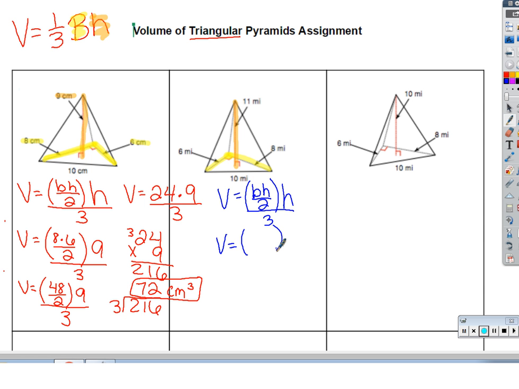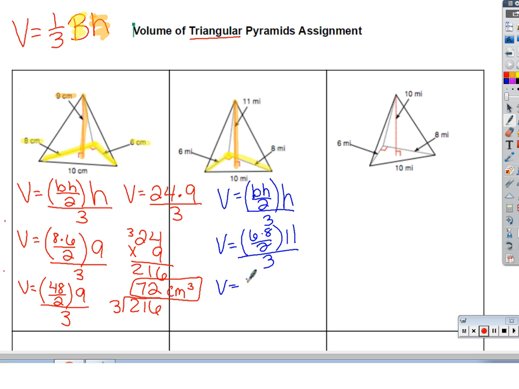What do we have for our base? 6 times 8, divided by 2. And what's the height of that pyramid? 11. And we'll divide all that by 3. And 6 times 8 is 48.